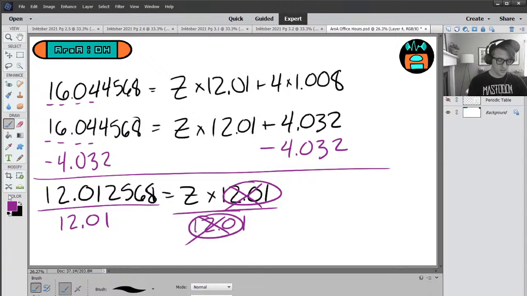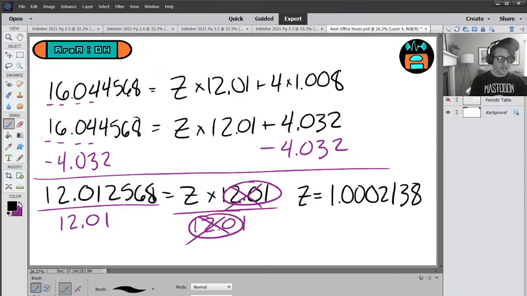The .01 cancels, and the value comes out to be 1.0002138, limited to 4 sig figs though.